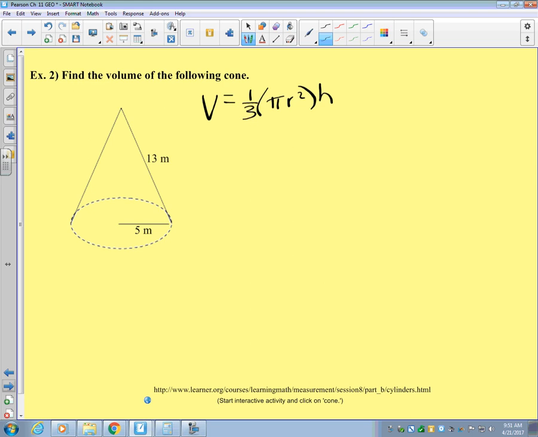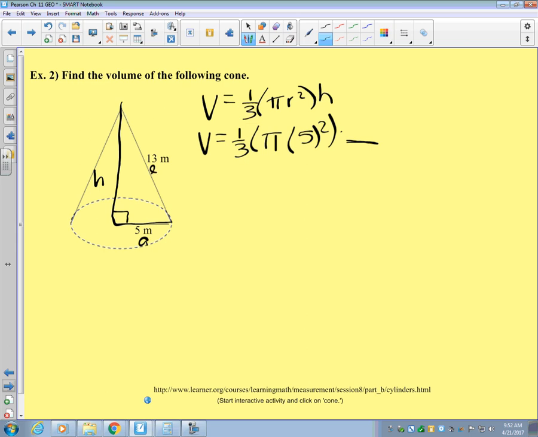So in this case, I know r is 5, but I don't know h. Oh no. But we just went over this problem, not in the video, but in class. We know that r is 5, don't know h, but I know that the slant height is 13.